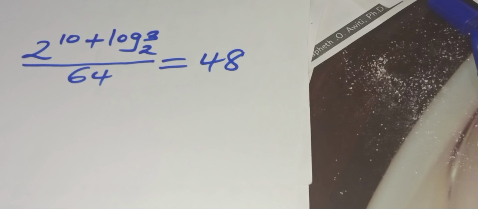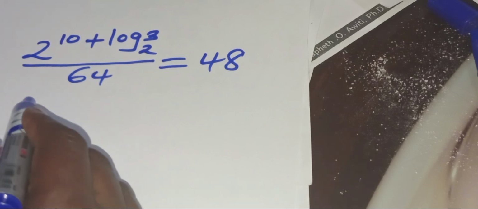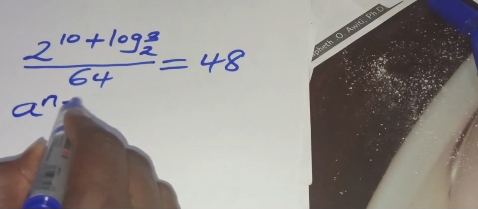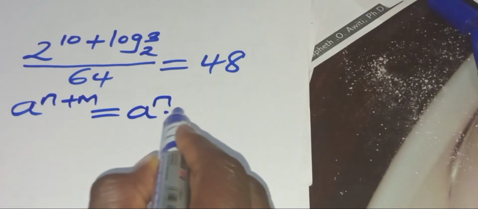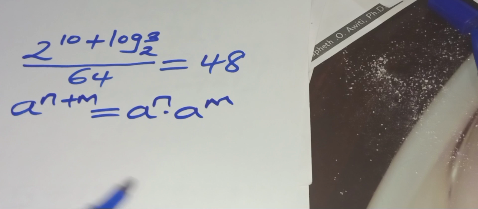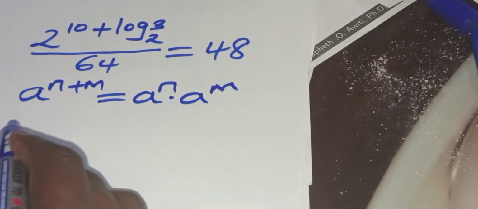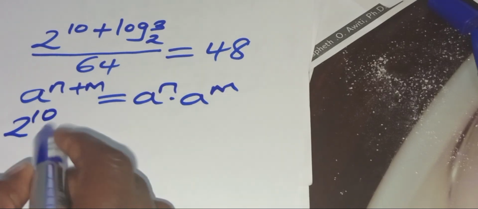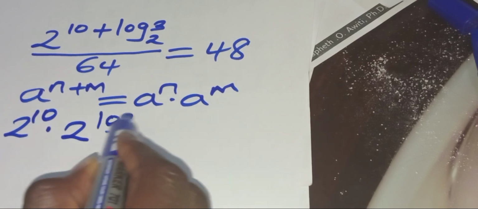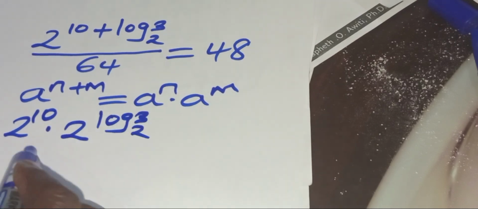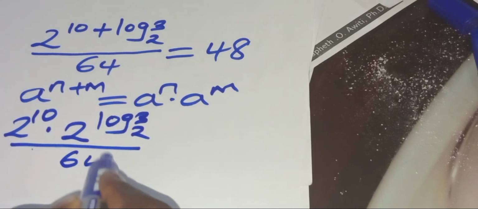Now as you can see, 2 raised to the power 10 plus log 3 to base 2 is in the form of a to the power n plus m, which we can express as a to the power n multiplied by a to the power m. Applying this property, this is the same thing as 2 to the power 10 multiplied by 2 to the power log 3 to base 2, divided by 64.